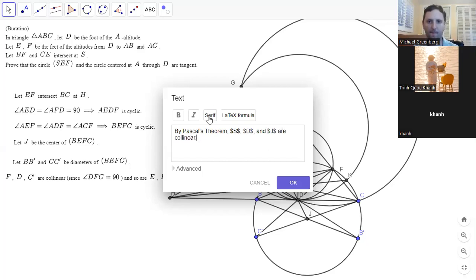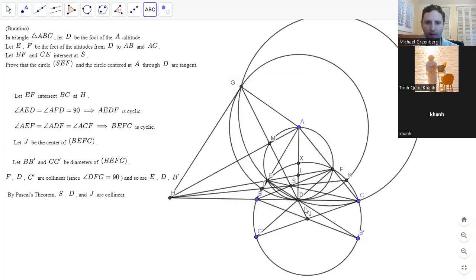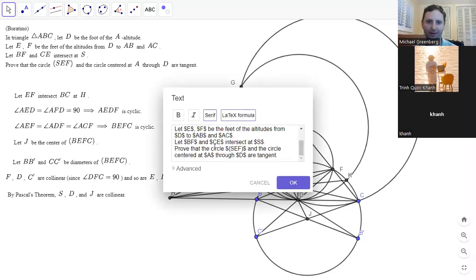All right. And once you know that, let the line SDJ meet this circle through A. I'm just going to call it omega in the problem. I'm going to cheat a little bit.